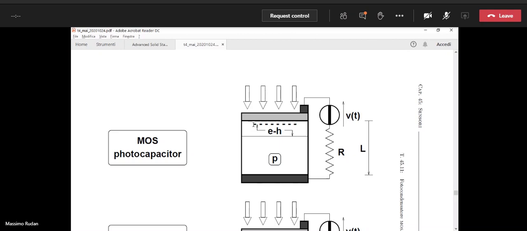So we have a layer of electrons that is mostly due to the optical signal impinging onto the sensor, okay? So at some point, corresponding to the end of the integration time, we bring back the voltage on the gate to the flat band value.